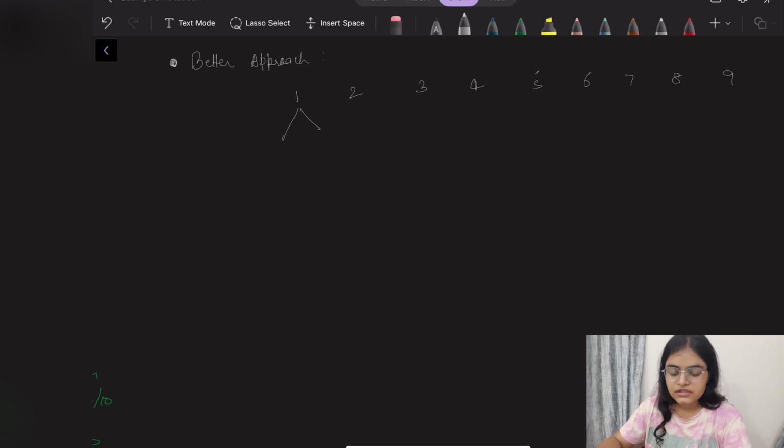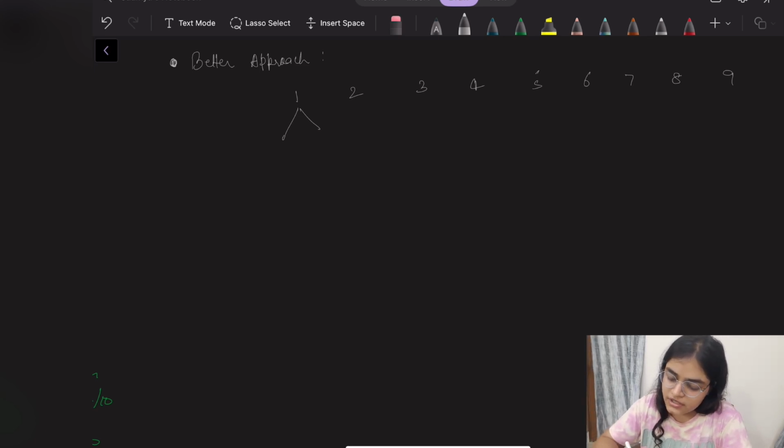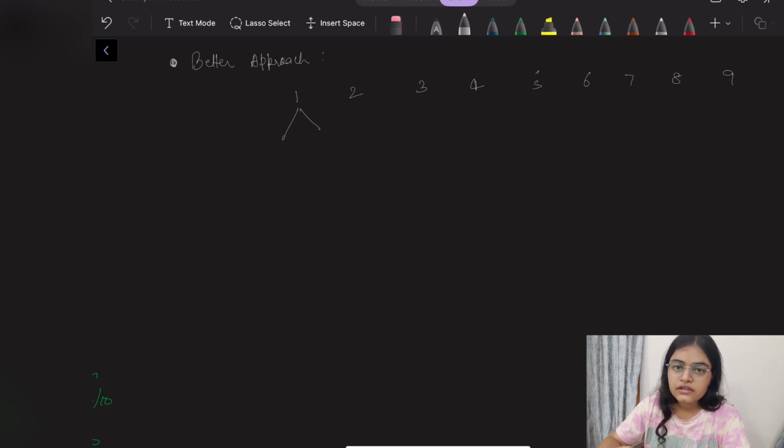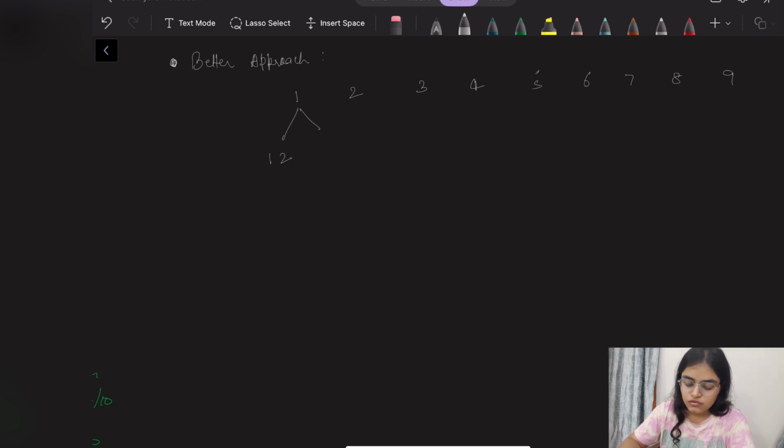Here we'll be using BFS for it. So here I have written all the single digit numbers. Now for 1, if we take the two digit numbers leading with 1, 12 is a jumping number because 2 minus 1 is 1.